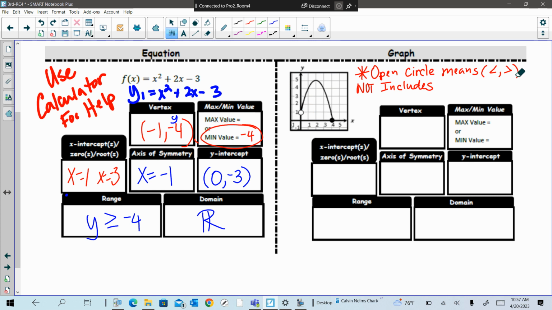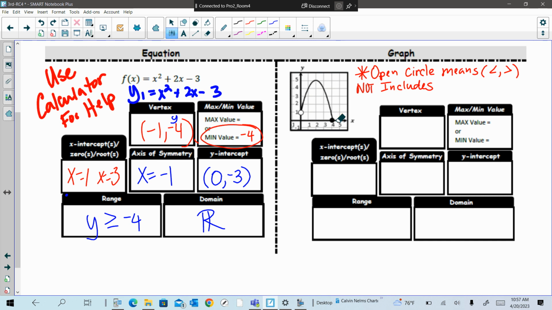It does not include the point or the value. So we can physically see this graph touches the x-axis, so it has an intercept or 0 or root. What's the value of the intercept?